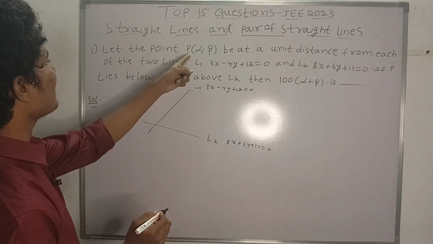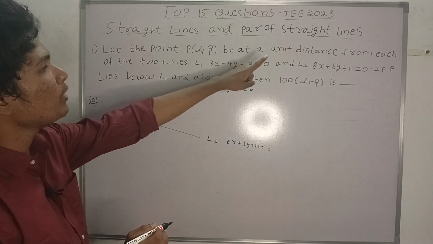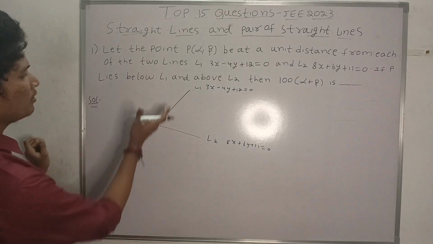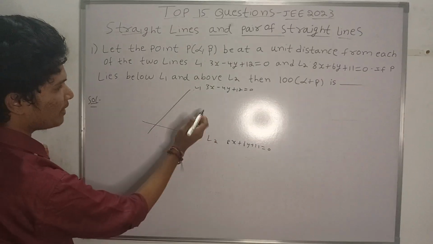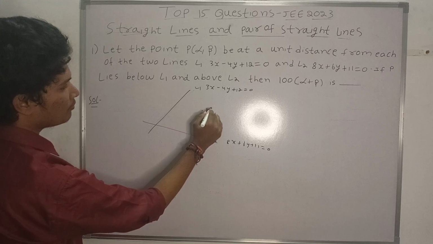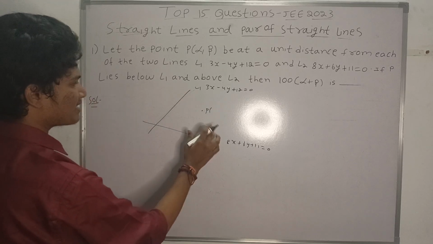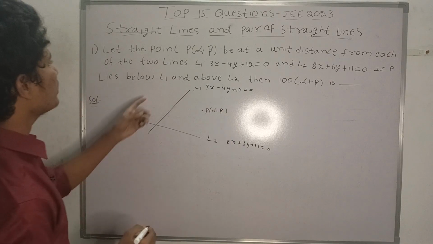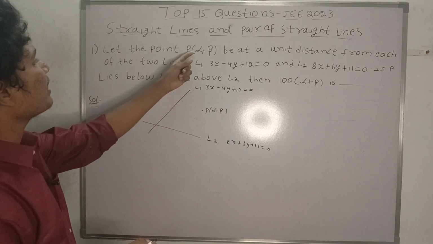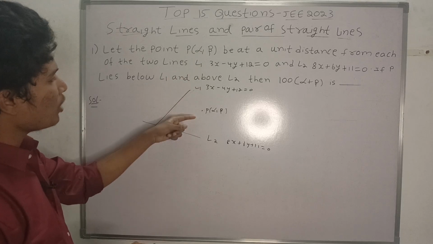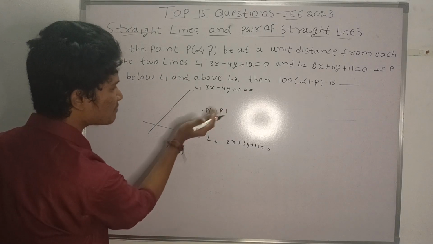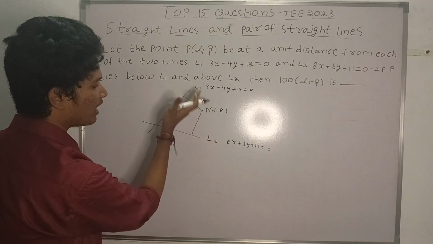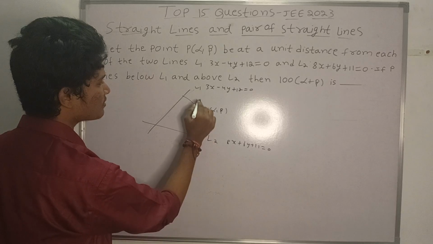They are saying that this point P(alpha, beta) is at a unit distance from each of the two lines, and also that P lies below L1 and above L2. So basically the point lies here, and the distance from L1 and L2 is unit distance.